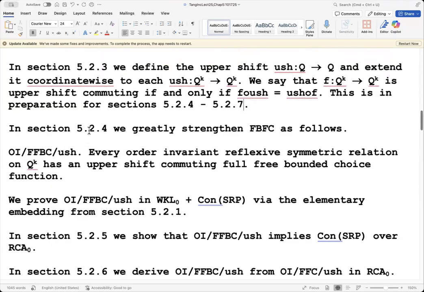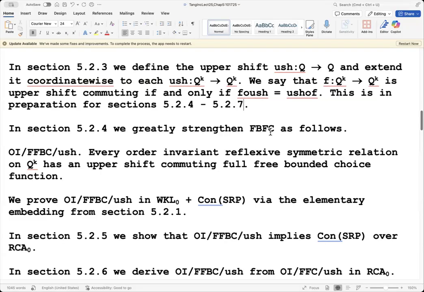Now we greatly strengthen FFBC to our almost best infinite statement in this setup: OI FFBC USH. Every order invariant reflexive symmetric relation on Q^k has an upper shift commuting full free bounded choice function.